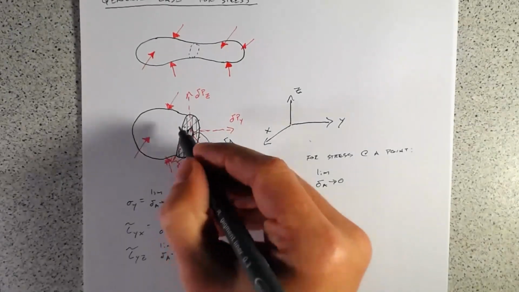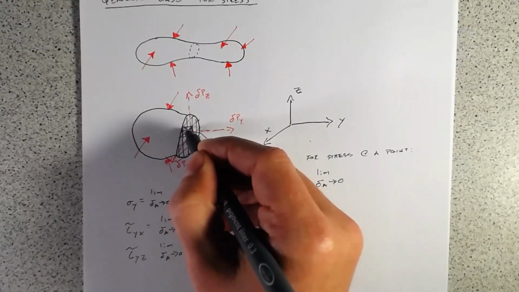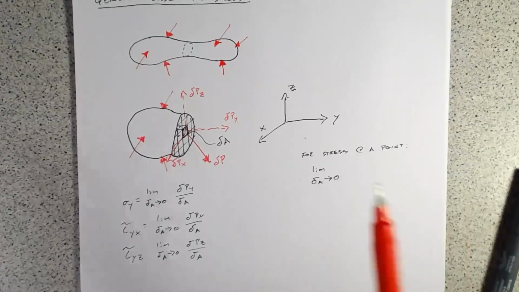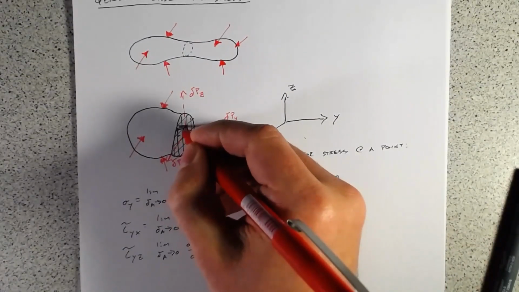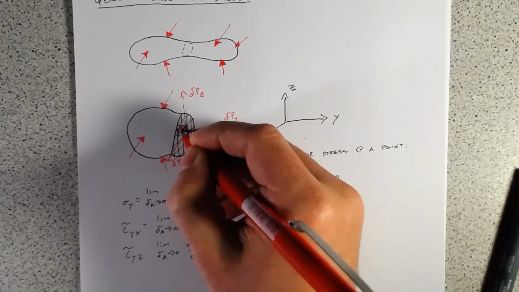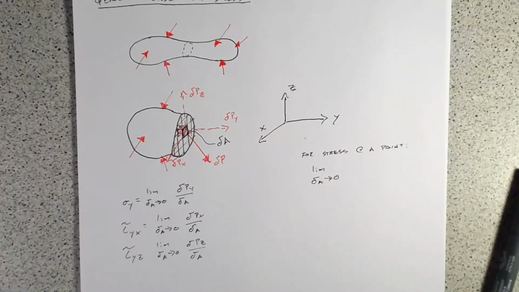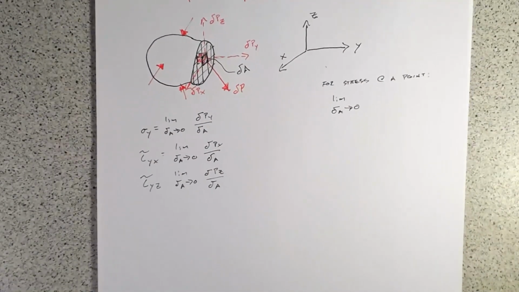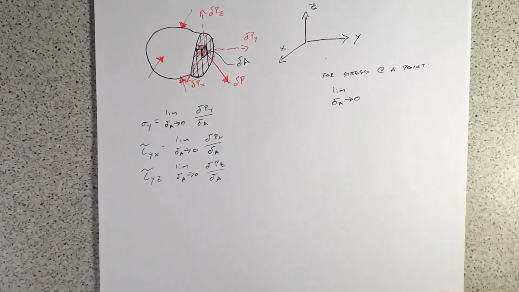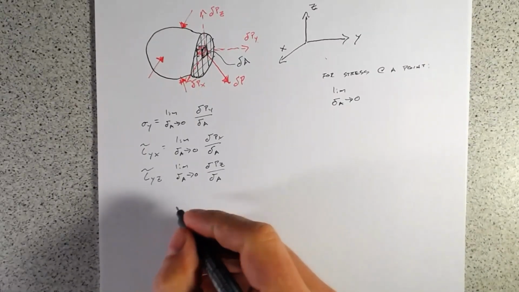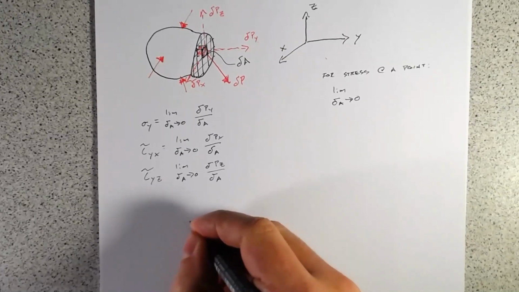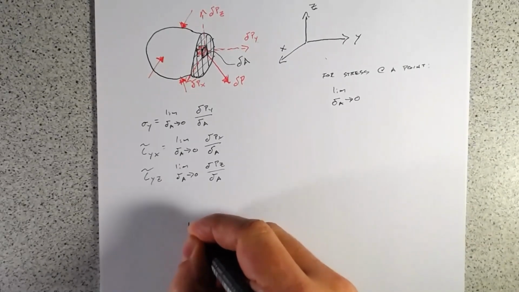Let's draw this little cube in here. We'll just highlight that little cube in red. And we'll draw that out. And again, this cube is going to be teeny tiny in order to get the stresses at a point. So I'll draw out our cube here.